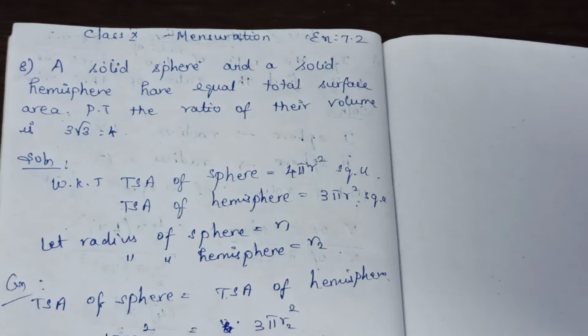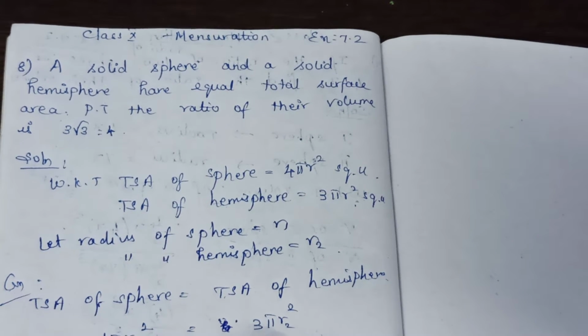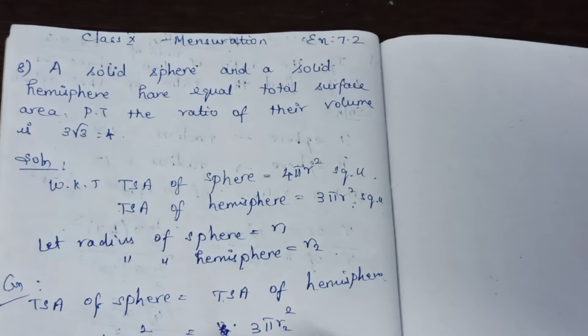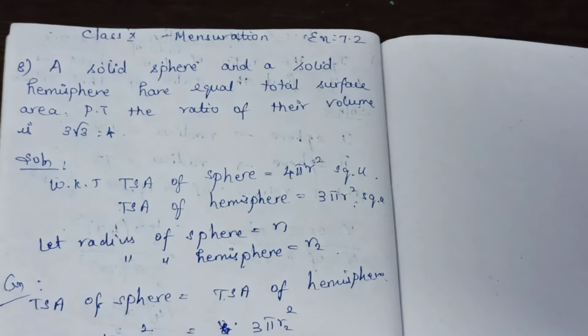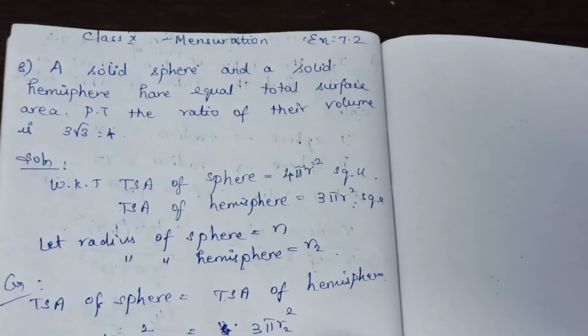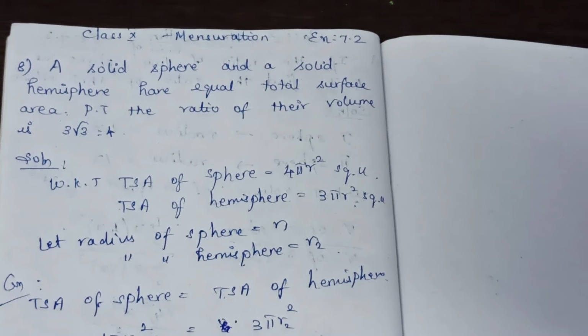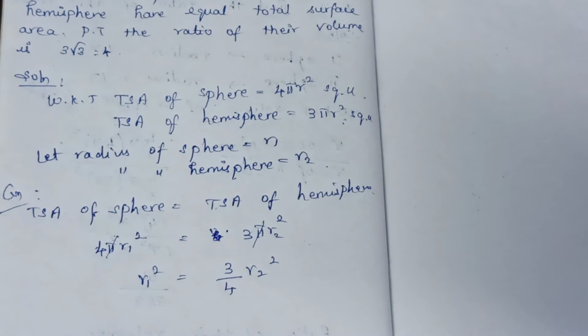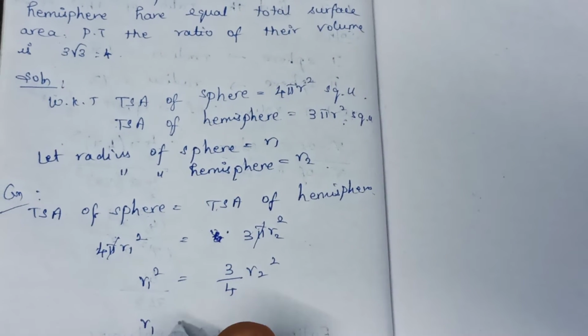So let us find what is R1 in terms of R2. Therefore R1 squared equal to 3 by 4 R2 squared, as here pi and pi get cancelled. Now we want to find what is R1.